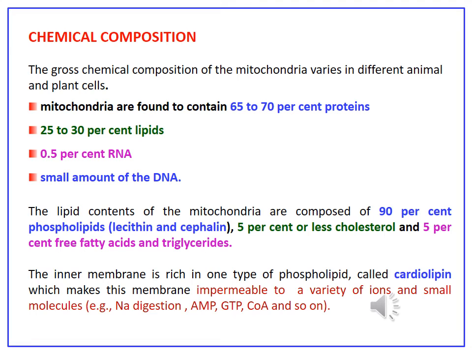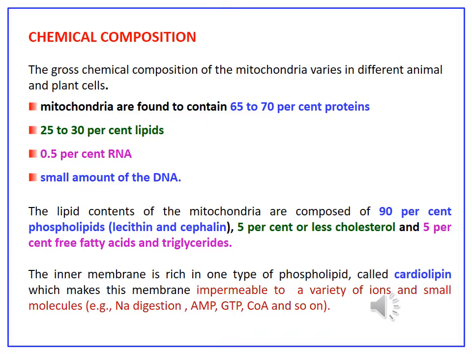The chemical composition of mitochondria. The gross chemical composition of mitochondria varies in different animal and plant cells. Mitochondria are found to contain 65 to 70% proteins, 25 to 30% lipids, 0.5% RNA, and a small amount of DNA.